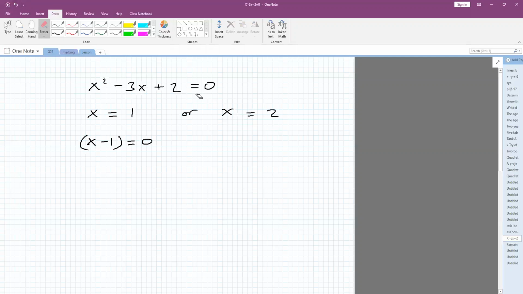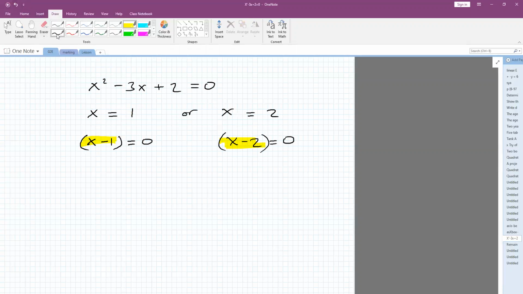I will move this number 2 to the left hand side, so I will have x minus 2 equal to 0. So as you can see, from the solutions x equal to 1 and x equal to 2, we can get the terms x minus 1 and x minus 2 by simply moving those numbers to the other side.